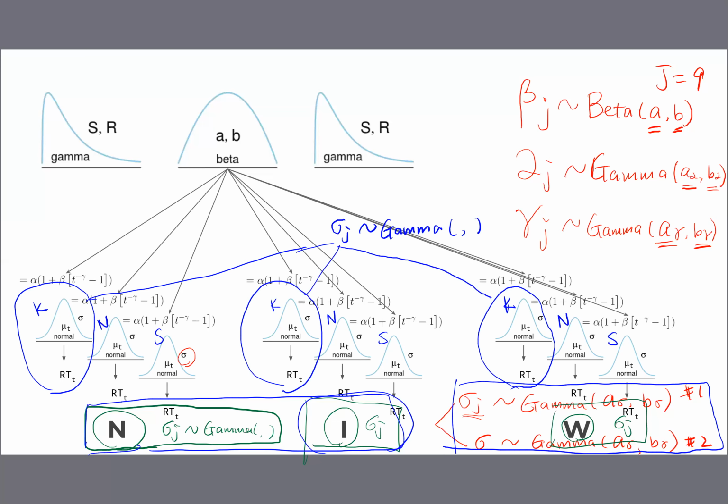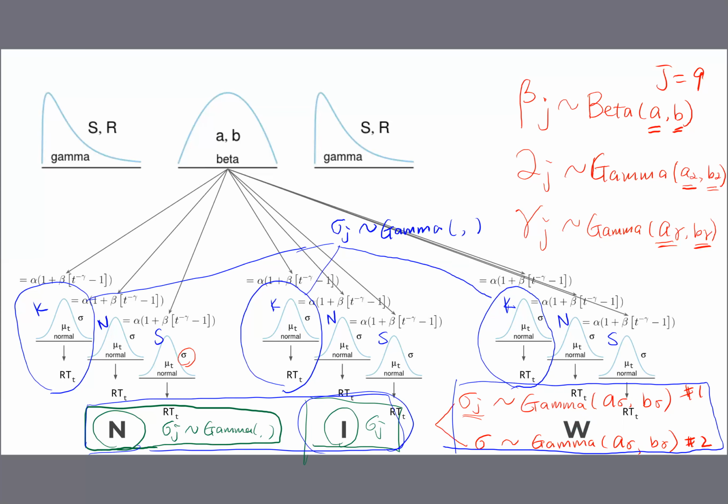Okay? They mean different things, in terms of estimation and the number of parameters that you're adding to the model, and in the end, when you're trying to summarize the results, they mean different things.